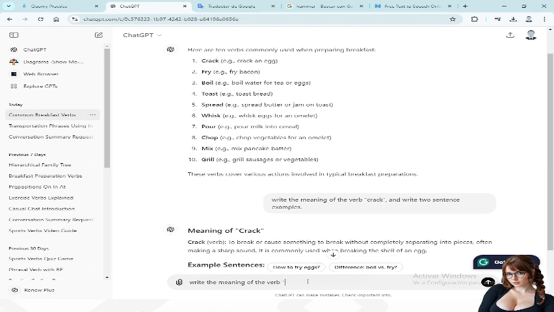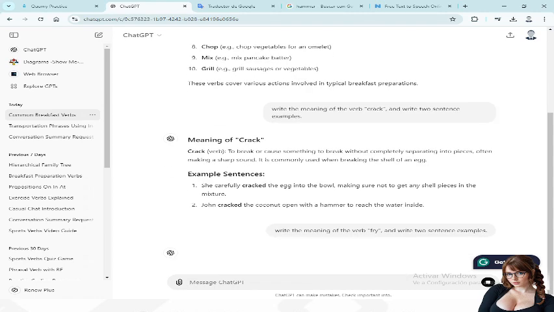In that context, I know what the meaning of the verb fry is: when we fry eggs using a frying pan utensil. But in that context, we need two examples. Okay.